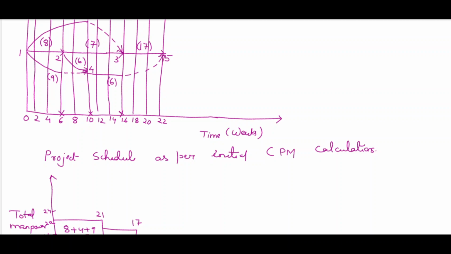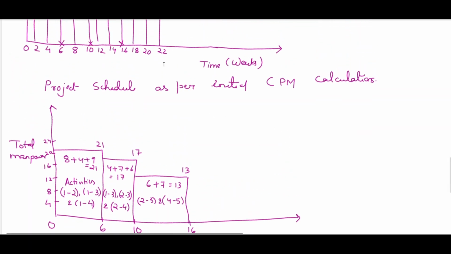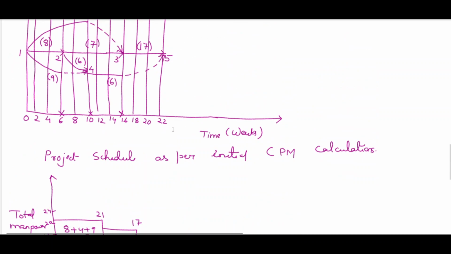And what are the critical activities involved in the calculation? Critical activities are 2-3 and 4-5. Similarly, the next one is the last one, up to 22.